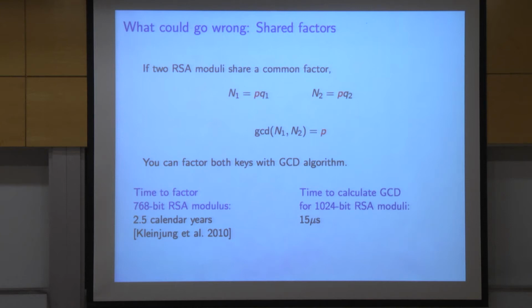The amount of time that it takes to compute the greatest common divisor of two 1024-bit RSA moduli is about 15 microseconds on my laptop. So this difference in running time means that this, if it were to for some reason happen, would be a significant vulnerability for RSA.